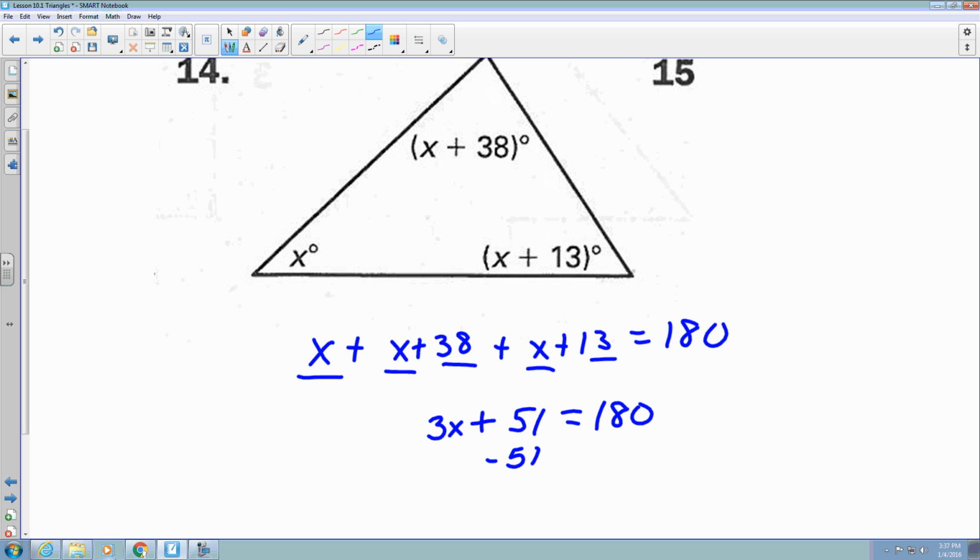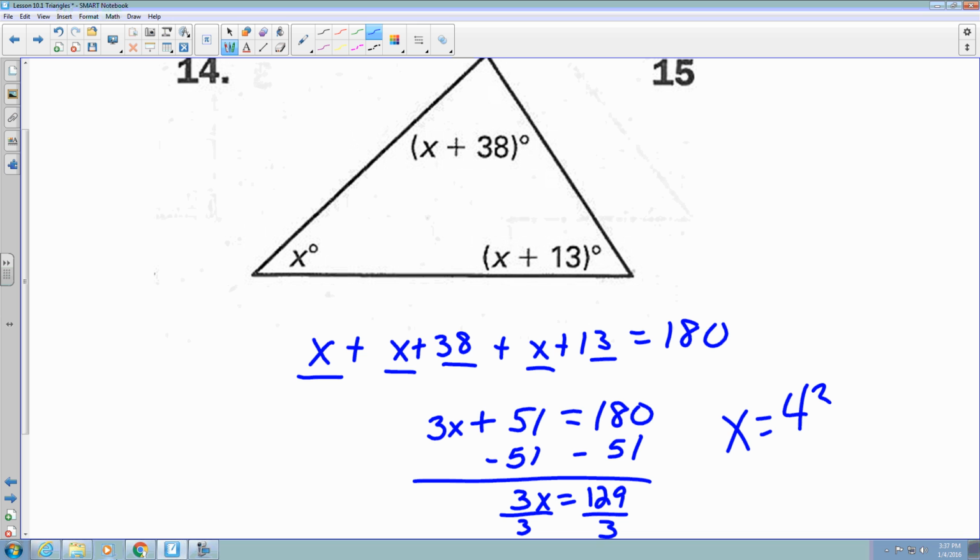To solve for x, I subtract 51 from both sides. I get 3x equals 129. And then I divide everything by 3, which means that x equals 43. So x equals 43 here.